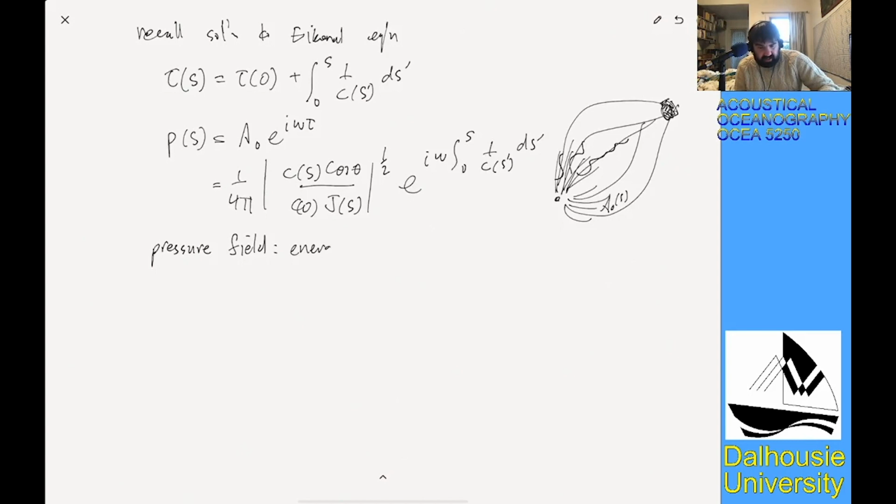So the pressure field is energy of the point source divided among each of the ray tubes.